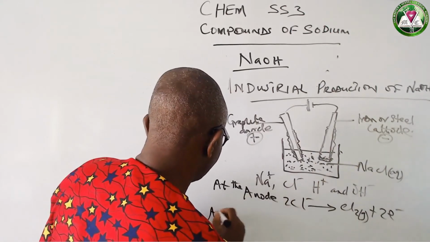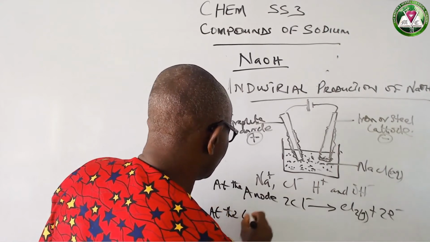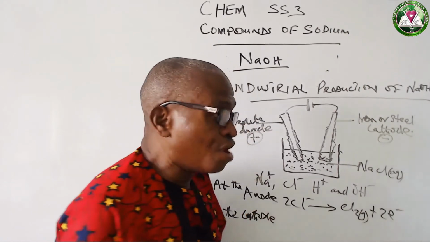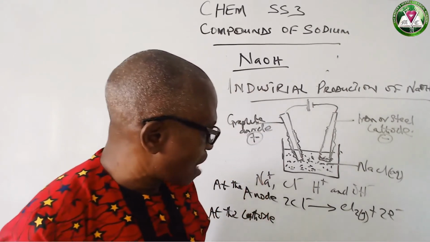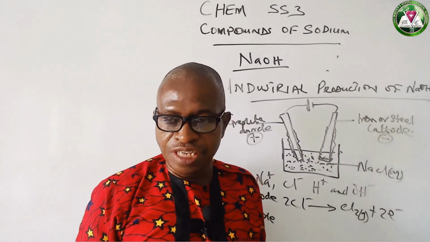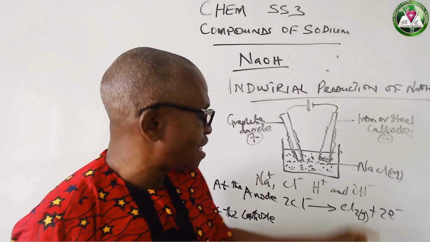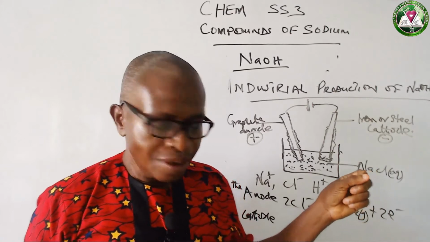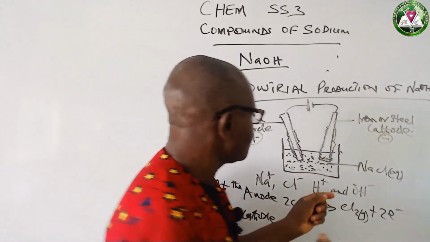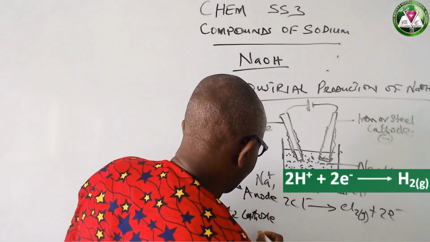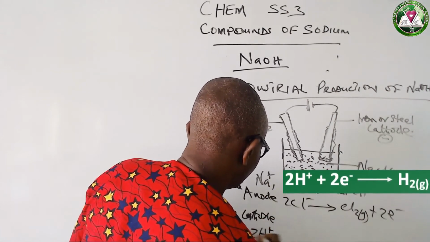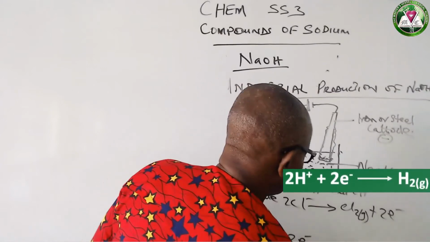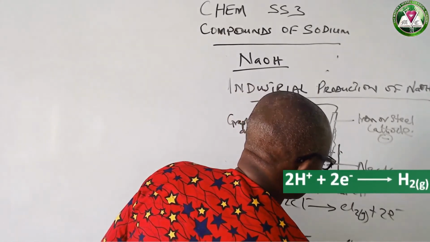Then at the cathode, I've told you that at the cathode, that is where reduction takes place, and reduction is addition of electron. Therefore, the electron produced at the anode is now gained by hydrogen ion. 2 moles of hydrogen ion plus 2 electrons will now give you hydrogen gas.